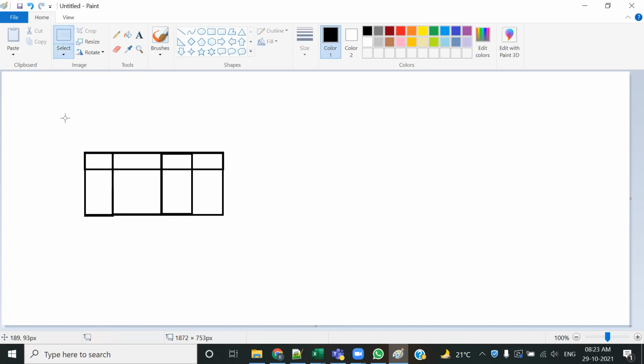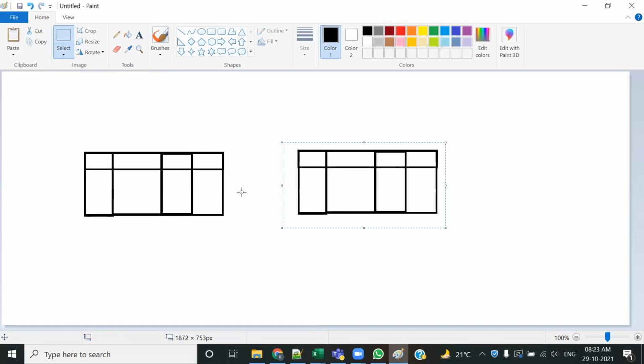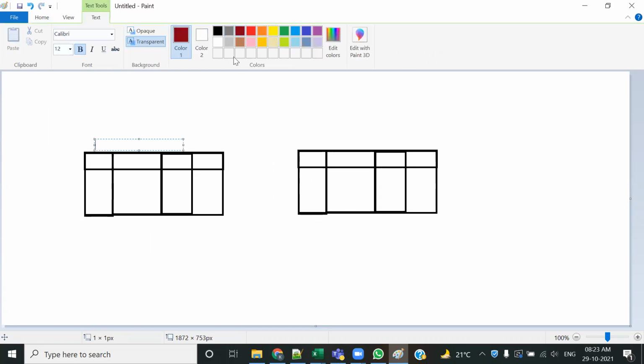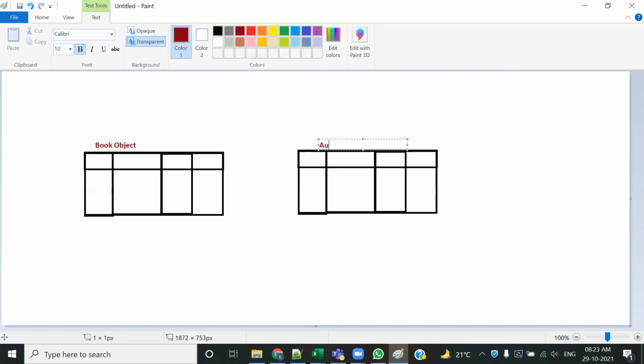Let me copy and create one more object. So I have one object called book, and one object called author. Let me give names to them. This one is the book object, and this is my author object.